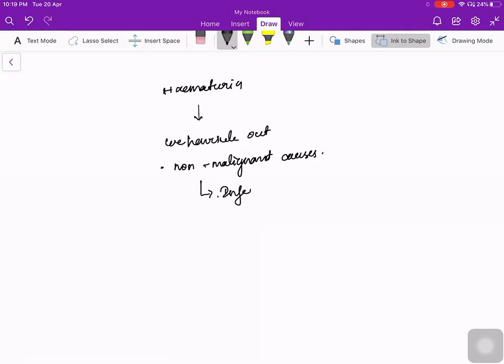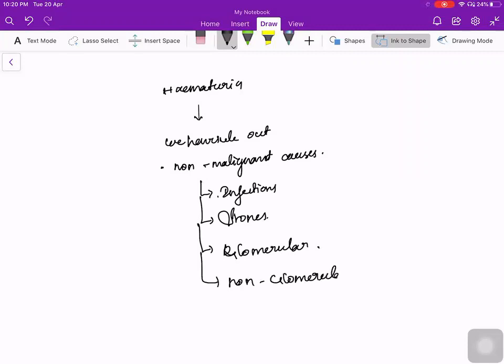That is infection, stones, renal, especially glomerular pathology, and other non-glomerular, non-malignant causes.